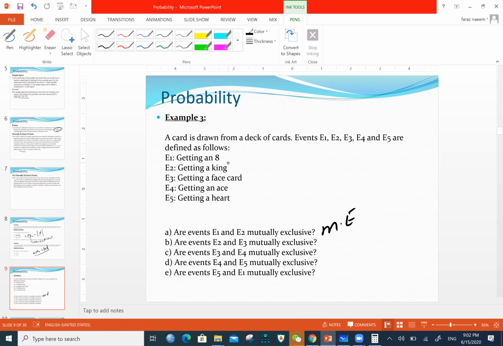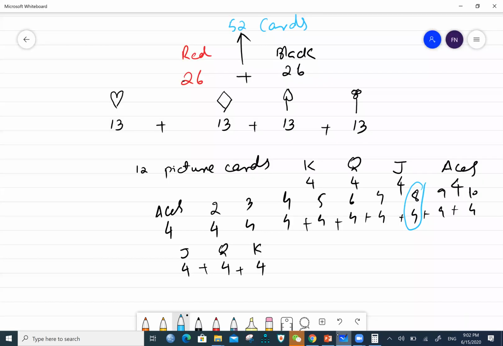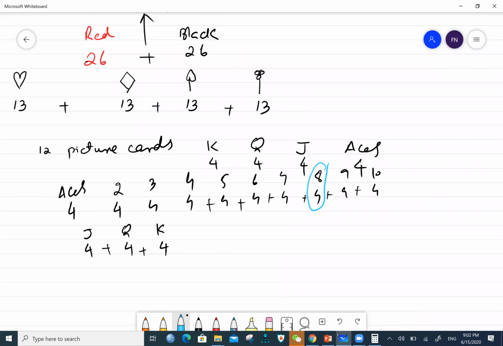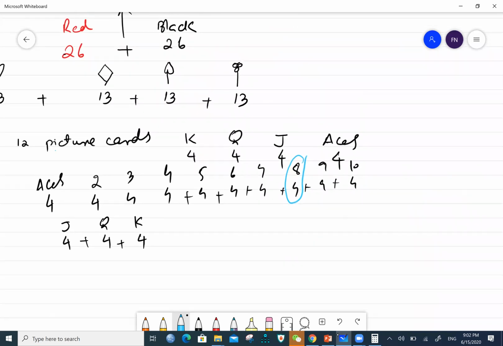So in total, there are 12 face cards. Face cards are the so-called picture cards: 4 for king, 4 for queen, and 4 for jack. Is that clear?